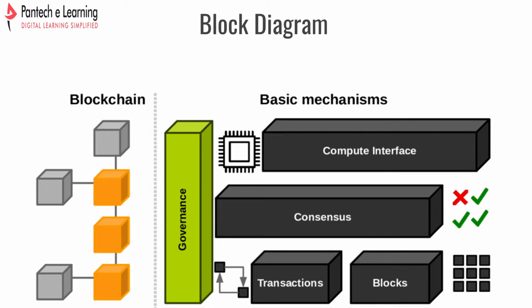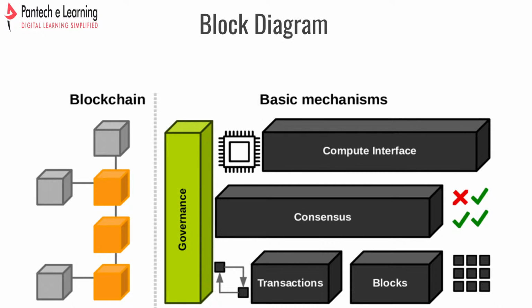If I add any data, it will be automatically saved in the first block, and it will generate a 16-bit key. Then for the next block it will ask again and automatically generate the next 16-bit key, like this. In this way it will automatically generate the hash value and save the data also.